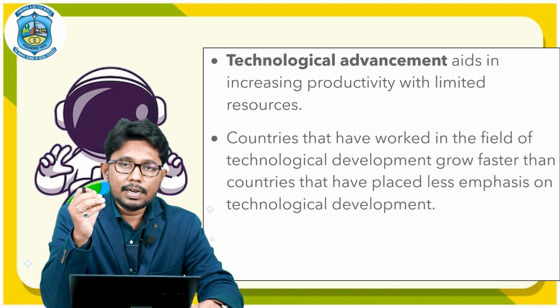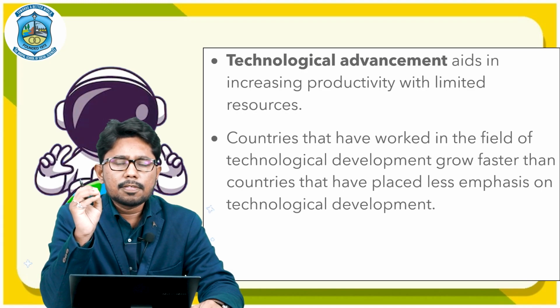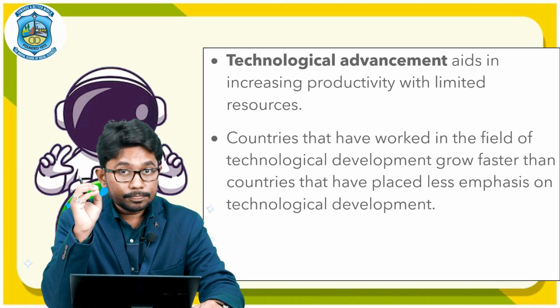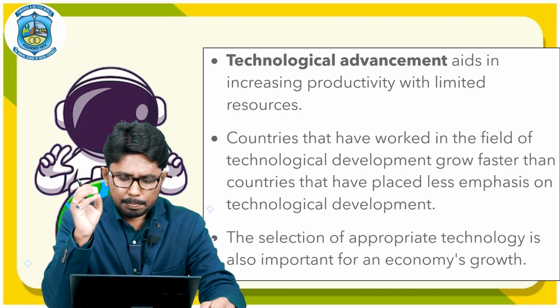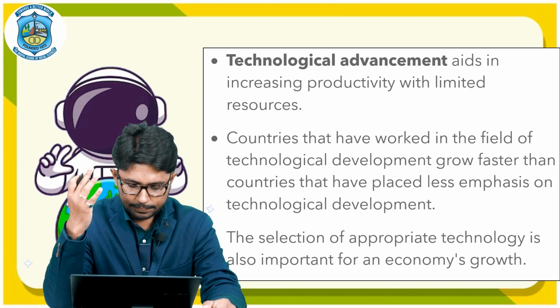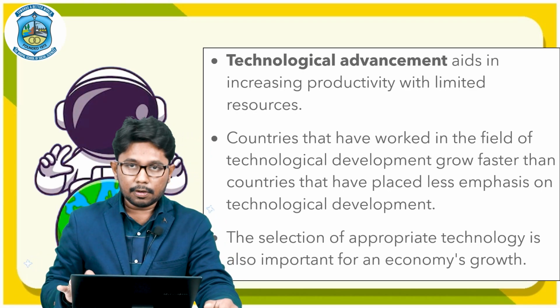Like ISRO, a very good example, one of the most successful research organizations in the world. ISRO is one of the best examples to measure the technological advancement we have already achieved. The selection of appropriate technology is also important for the economic growth process.